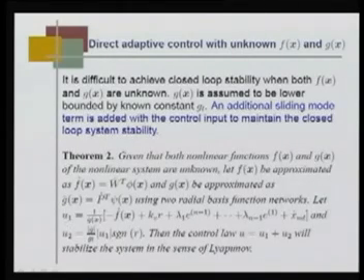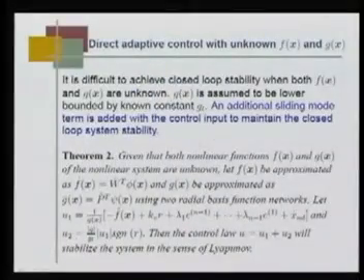Let U1 be a control law like the one we showed earlier for unknown f x but known g x, where U1 equals 1 upon g hat x times minus f hat x plus K v r plus the tracking error terms plus x n d dot, the desired trajectory.